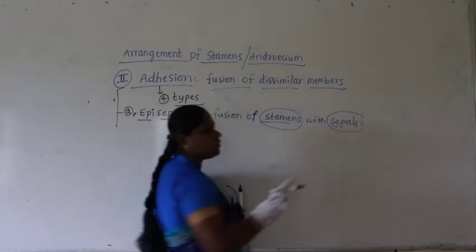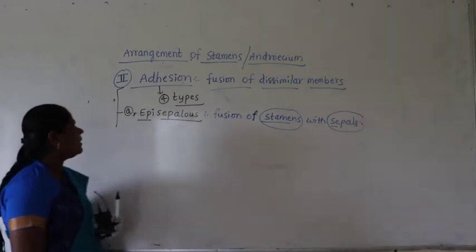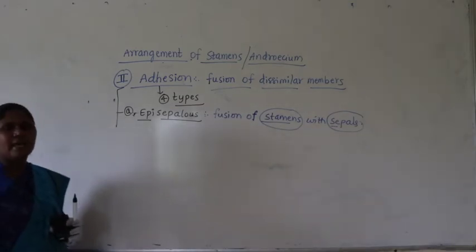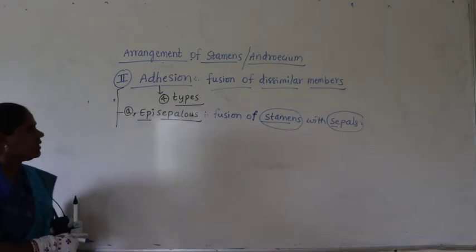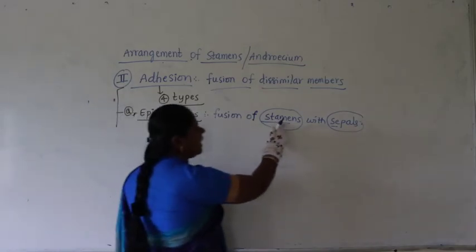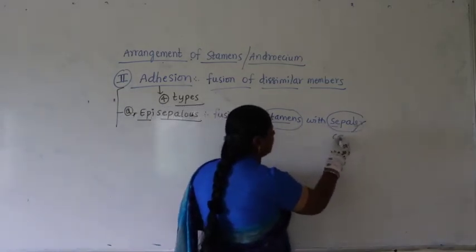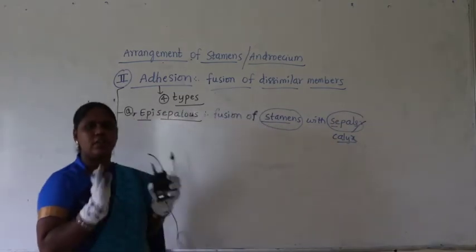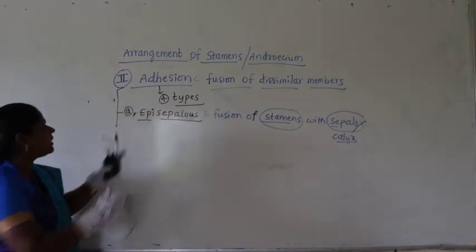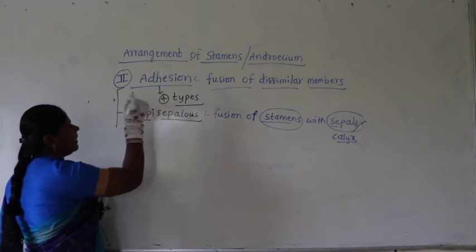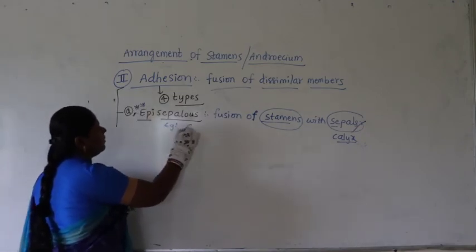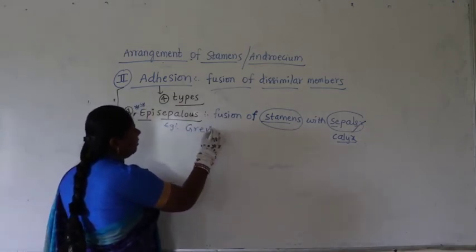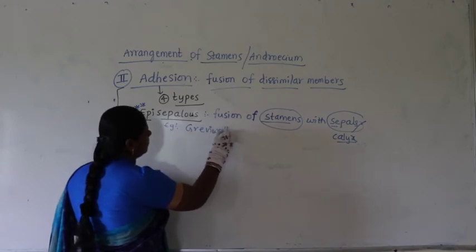Stamens are fused with sepals. Then the condition is called what? Episepalous, meaning here stamens are fused with the calyx. Sepals means calyx. Both are joined, both are attached. Then the condition is said to be episepalous. Let us take the example Grevillea.